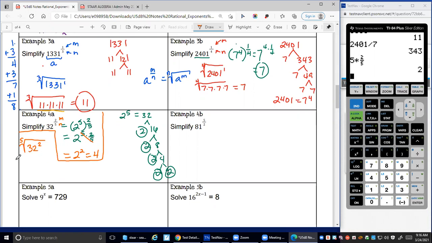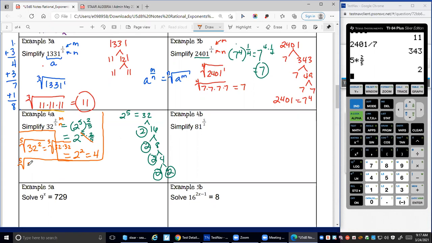But here's the deal. If you do it like this, let me do it again. I'm squishing it in there, but 32 squared is 32 times 32, does it not? And so what I'm going to do is write five 2s for each 32.